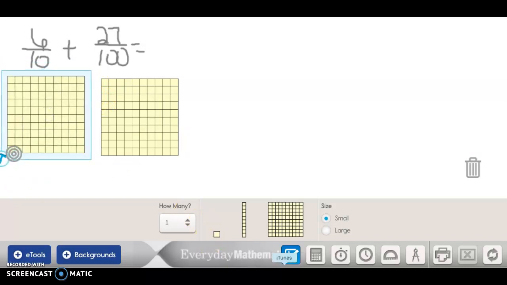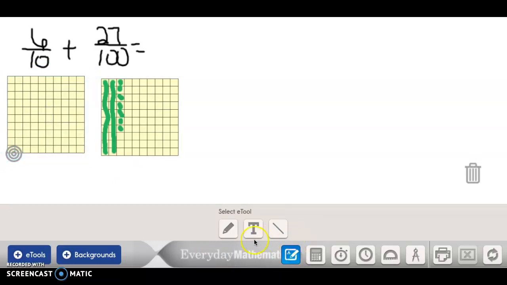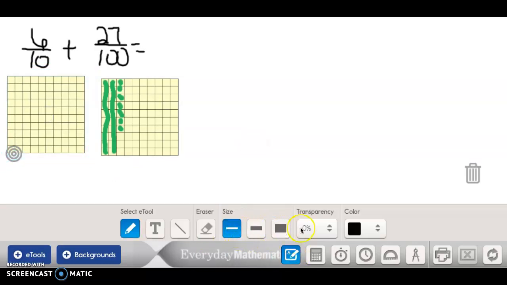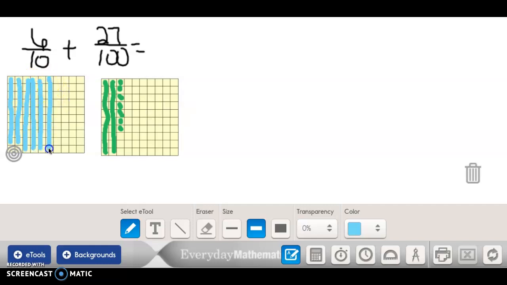So if I'm looking to do 6 tenths, that means I would fill in 6 longs. So we have 1, 2, 3, 4, 5, and 6 longs.